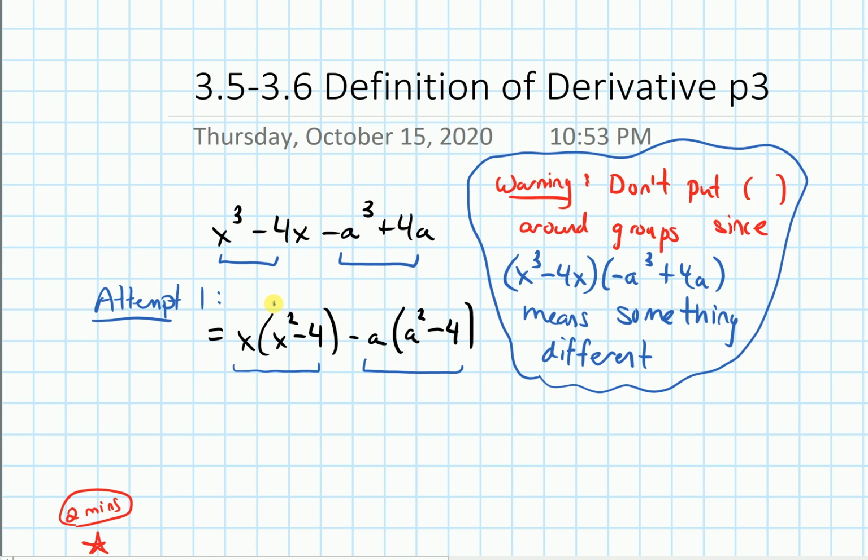And I also see x squared minus 4 here, which I could factor as x plus 2, x minus 2. But neither of those is a factor of this second term. So there are no common terms here. And all that means is this is the wrong grouping.